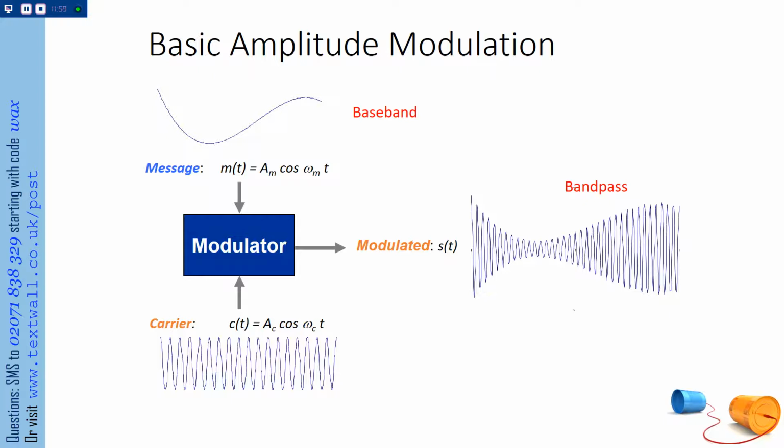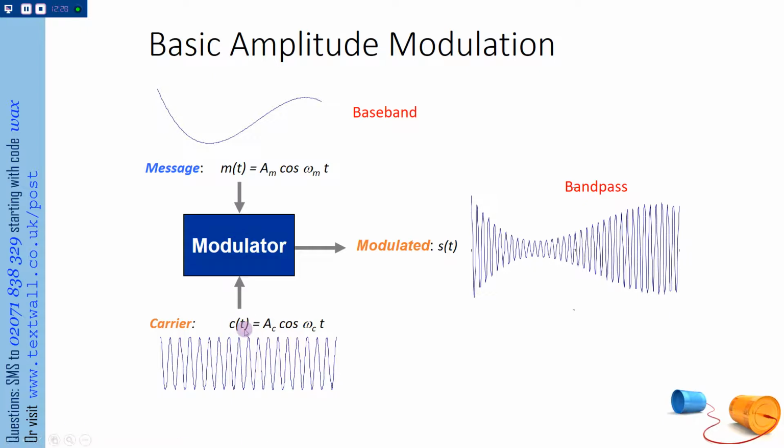So we've got a message that looks like a cosine. I know that doesn't really look too cosinusoidal, but imagine that to be a cosine, okay? So A_m cosine omega_m t. Omega_m is low frequency. Omega_m is 2 pi times something like 5,000. That's your message. Let's call it m of t. It's a signal, a function of time. That's why we have brackets t.